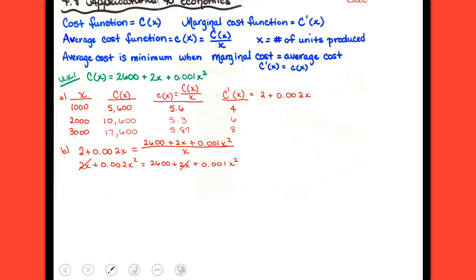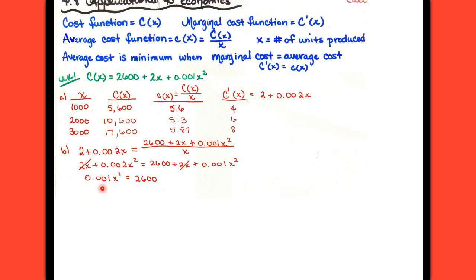So then let's subtract that 1/1000th x squared from both sides. If I subtract 0.001x squared from both sides, 0.002x squared minus 0.001x squared is going to leave me 0.001x squared. All right, so now I got all my x's on one side, everything else on the other side.